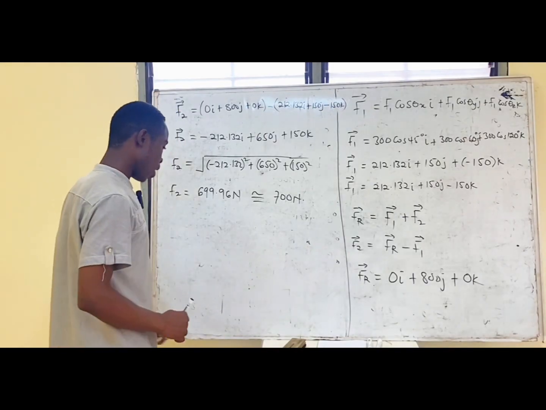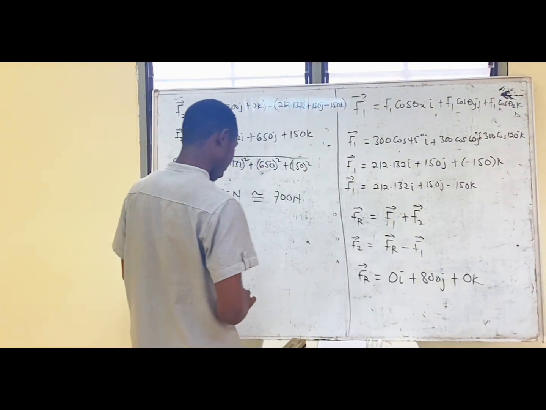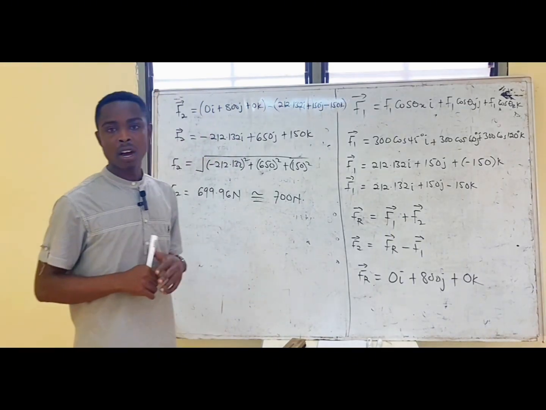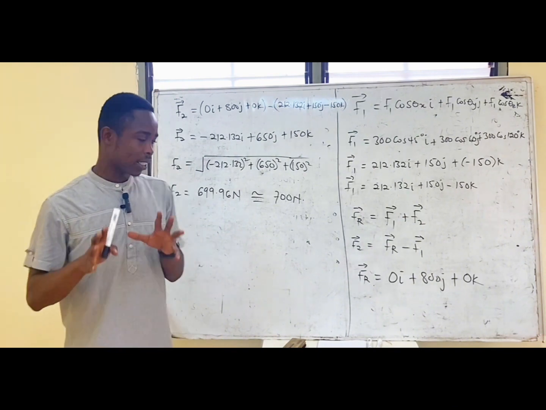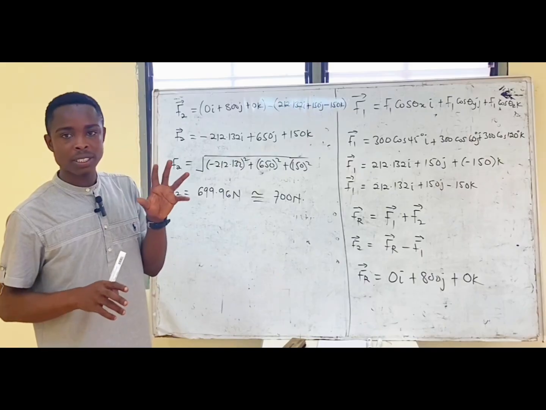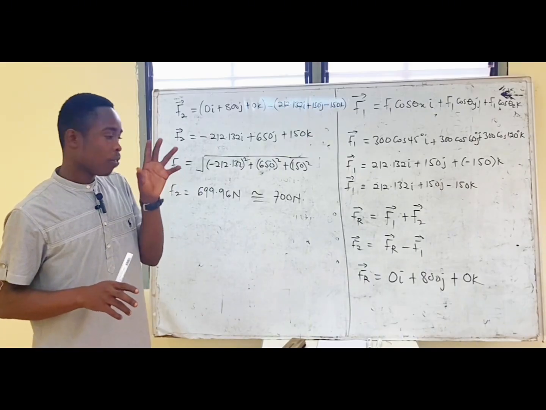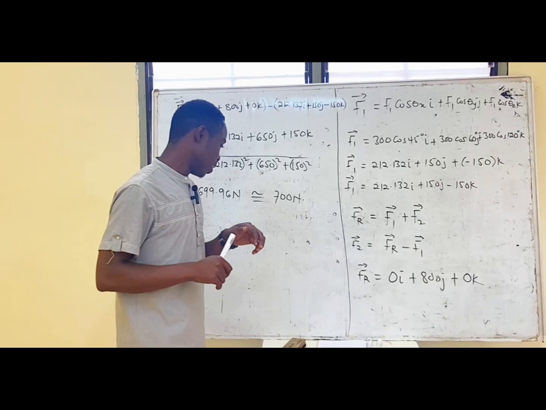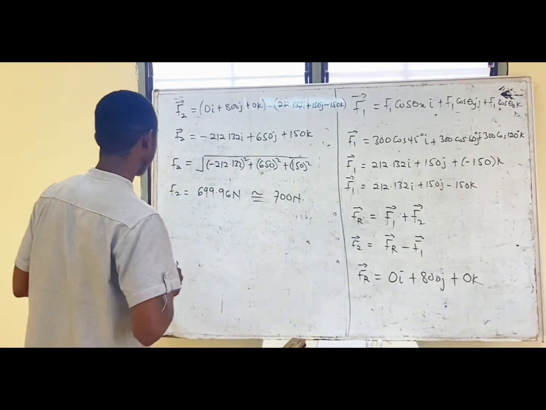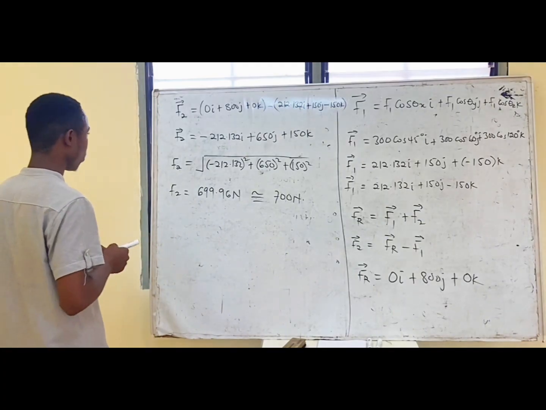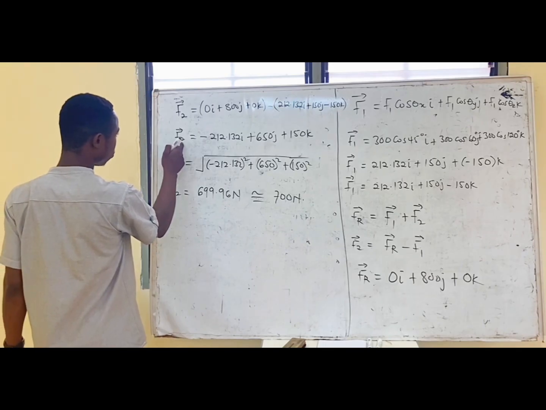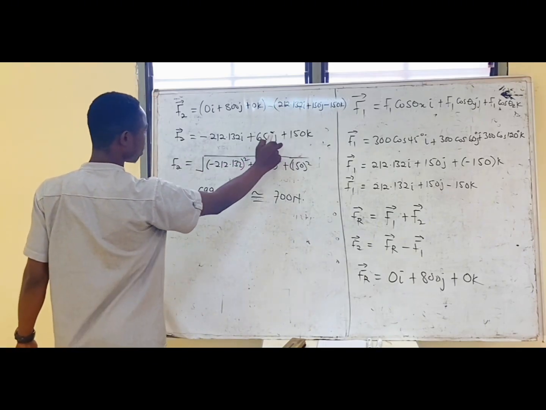Very good. Now, let's move on to the other part of the question, which says we should find the what? The directional cosines, the coordinate direction of F2. That's we want to find theta x for the F2, theta y for the F2, and theta z for the F2. Very good. Now I want to do something here. If you represent the F2 in a Cartesian vector form, this is what we are having.